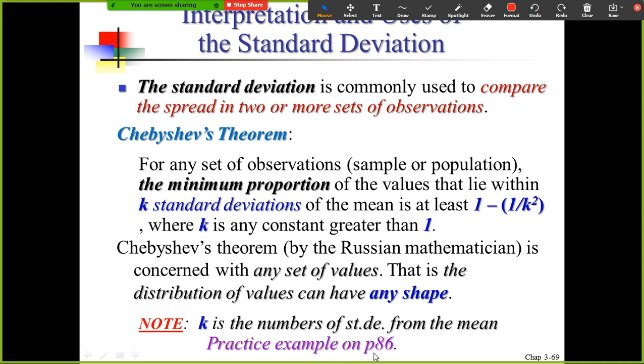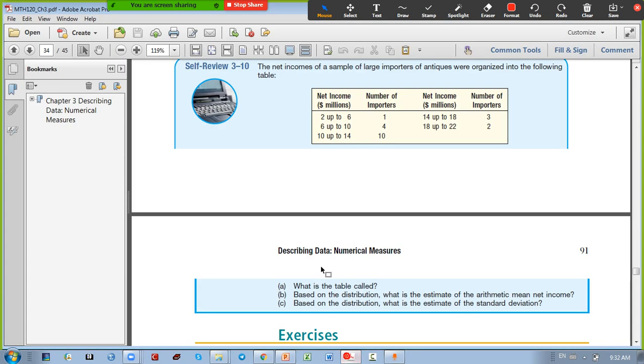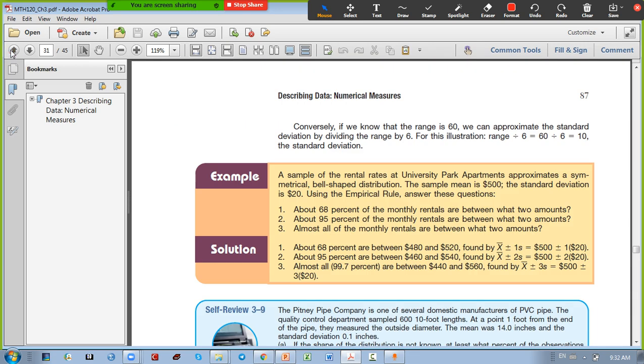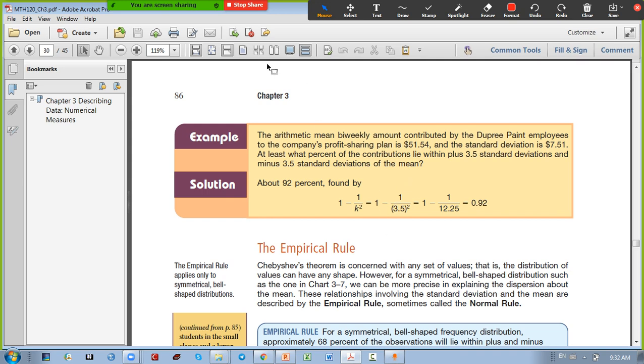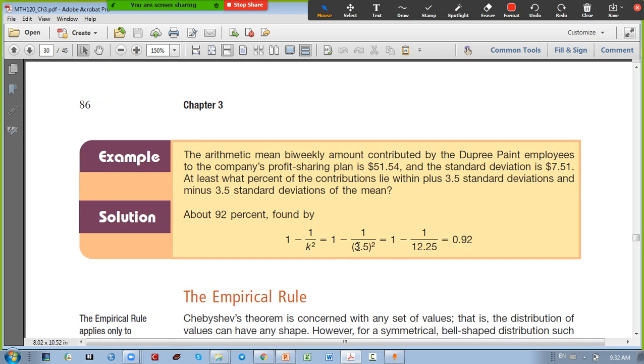Okay, you can go to your textbook, page 86. Yes, this is page 86. Okay, learn this one. So k is 3.5 standard deviations.